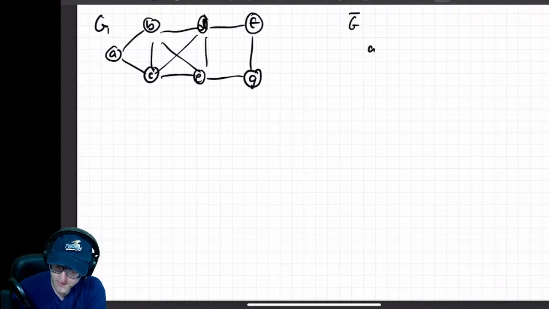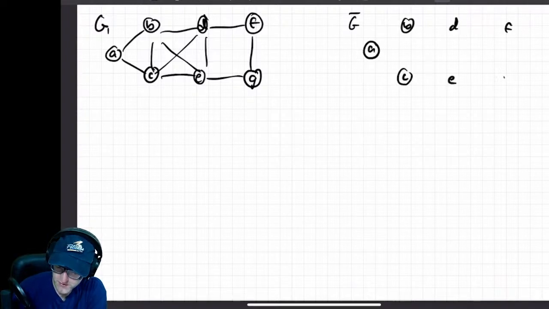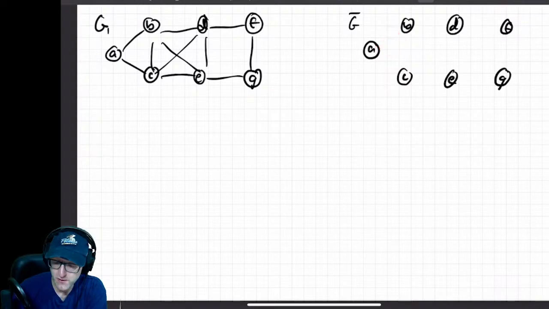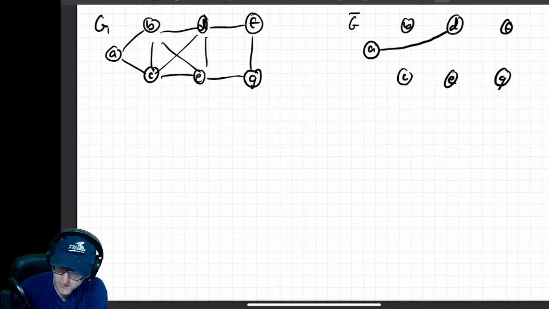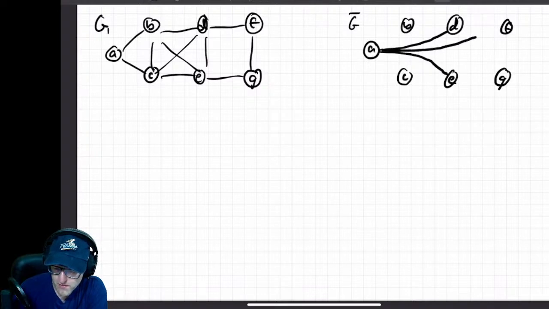Again, it's the same vertex set, A, B, C, D, E, F, and G. But if I have an edge over here, I will not have that edge over here. If I didn't have an edge over here, for example A to D, I will have that edge over here. So A is connected to B and C, so we will not connect that over here, but we will connect it to the other 4 vertices. Nice, pretty picture here.